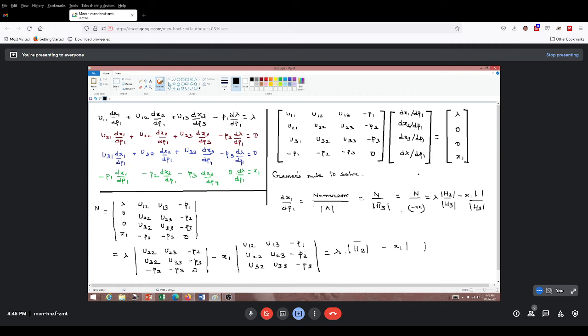Right. Now lambda, and this is, remember, H3 is negative, so H2 has to be positive.